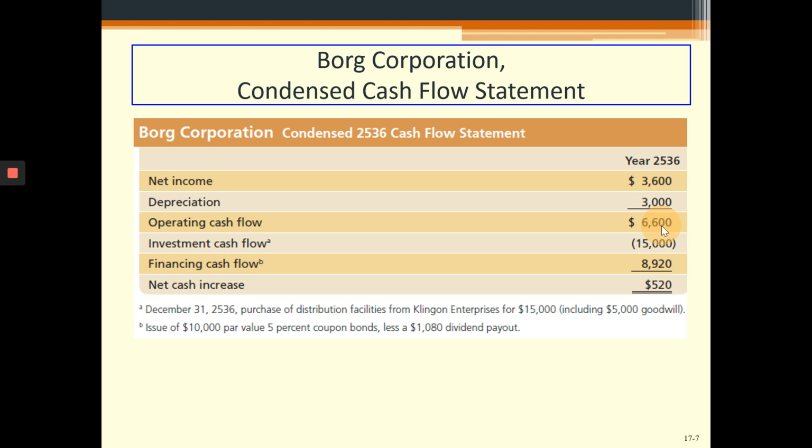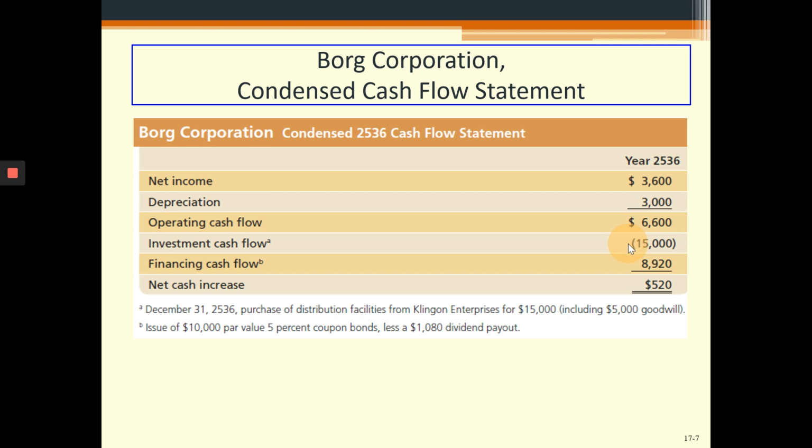So the reason for this 1,500 is this: that on 31st December 2536, they purchased some distribution facilities, and they are hoping that it will increase their sales for the next year, which is 2537. And while buying it, they have to buy it at 15,000. So that will be a usage of the cash flows under the head of investment cash flow. So this will decrease their cash flow.